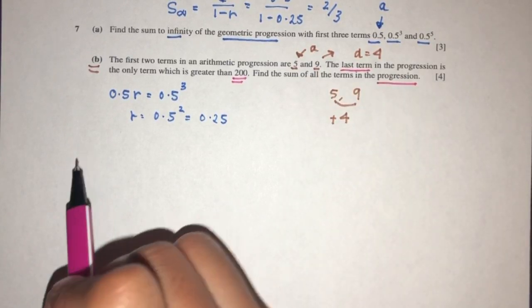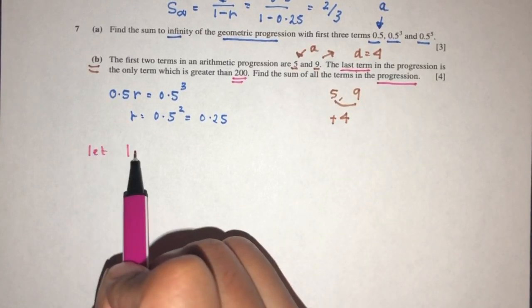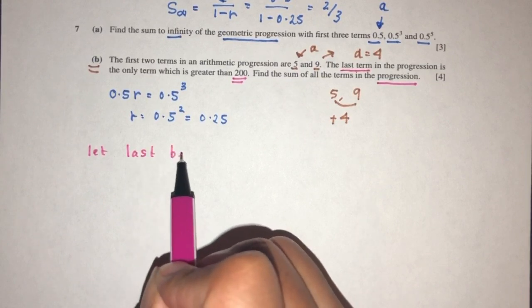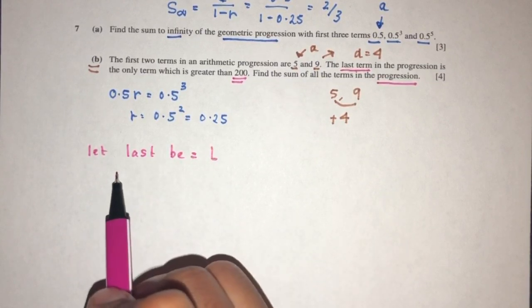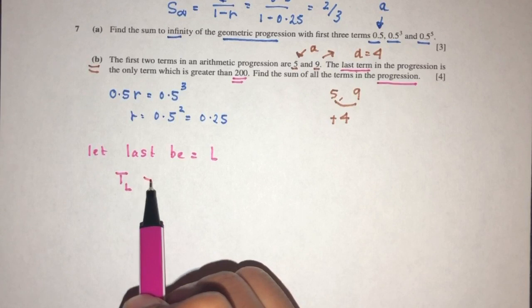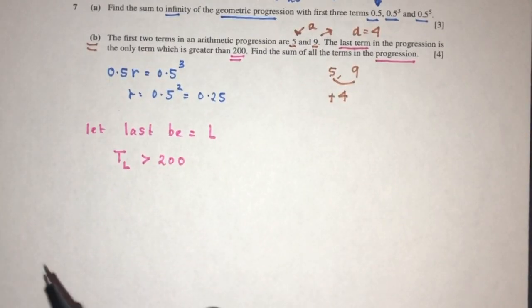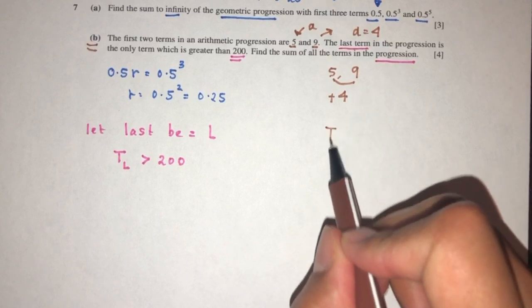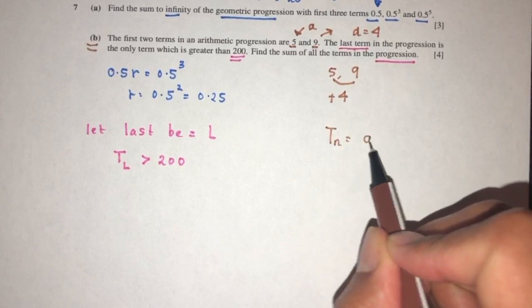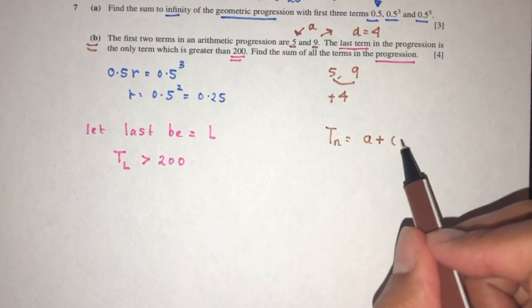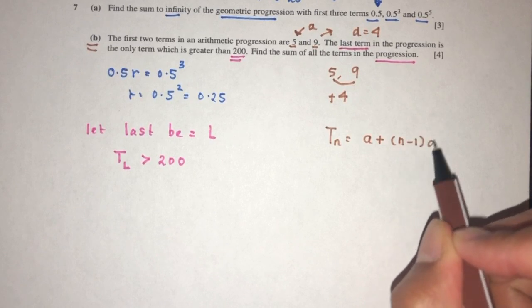So pretty easy. Let last term be equal to L. So we know the last term is equal to more than 200. So how do you find the nth term? For example, we know the nth term is given to you by the formula, which is a plus n minus 1 times d.